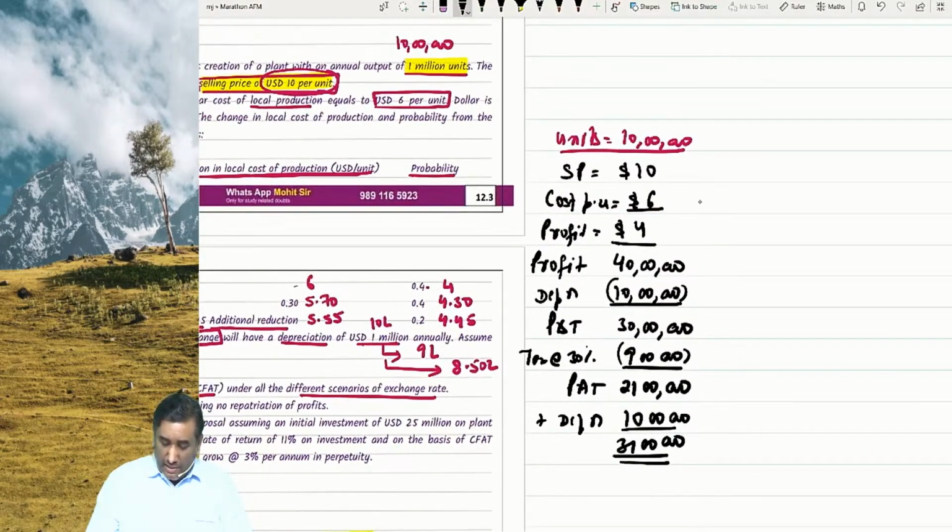In the second scenario your profit will be 4.3 and depreciation would be 9 lakh.